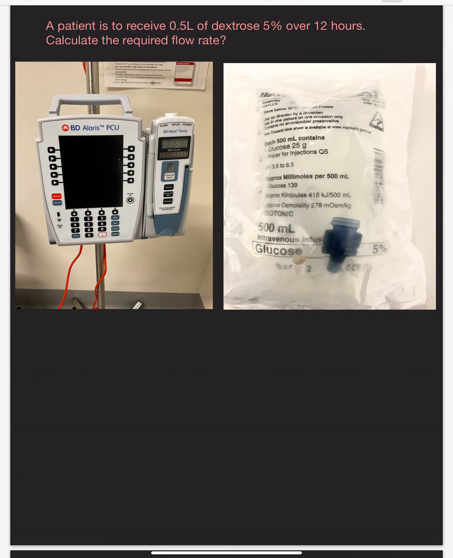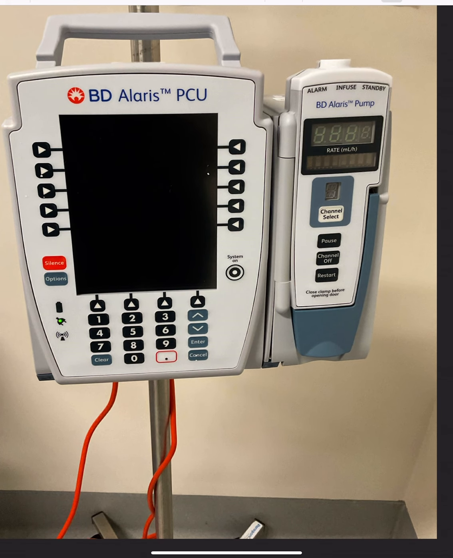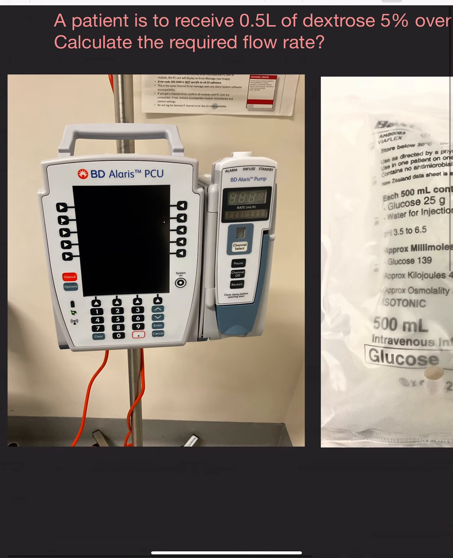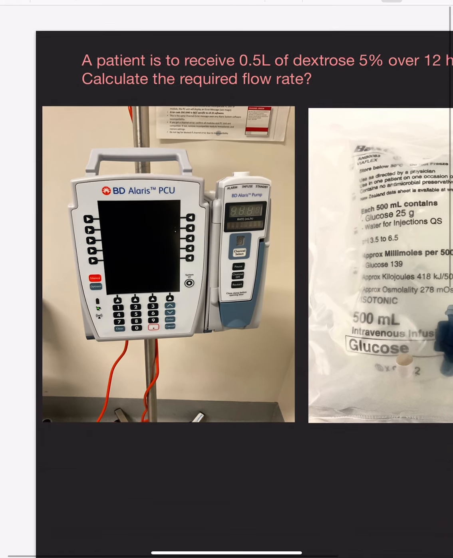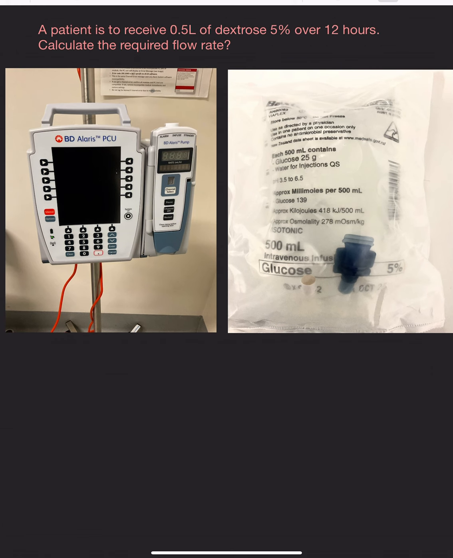Not to worry about the percentage over there. If you look at this pump that we normally use here, it actually tells you the rate needs to be in mils per hour. So whatever we do, the answer should be in milliliters per hour. So in this case scenario, we'll use the formula that we normally use to calculate the rate.